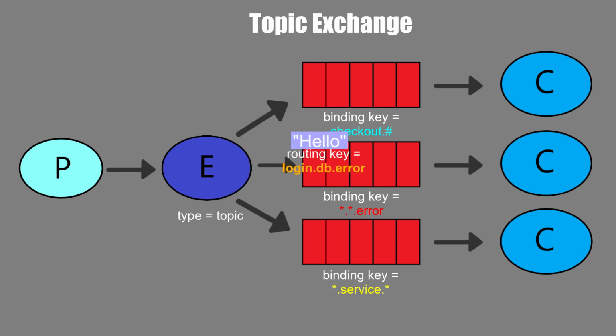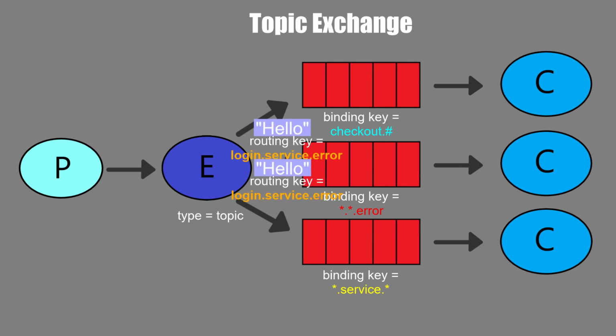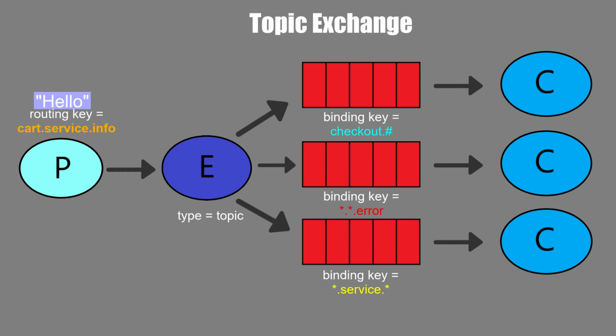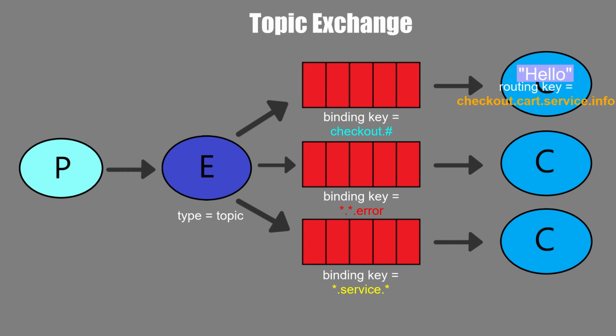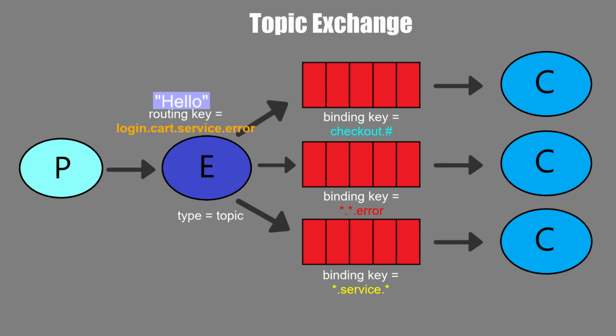Login.db.error will go to the second queue. Login.service.error will go to the second and third queue. Cart.service.info will go to the third queue. Checkout.cart.service.info will be going to the first queue even with extra words to it as it matches the condition. Login.cart.service.error will be discarded as it doesn't satisfy any binding key.